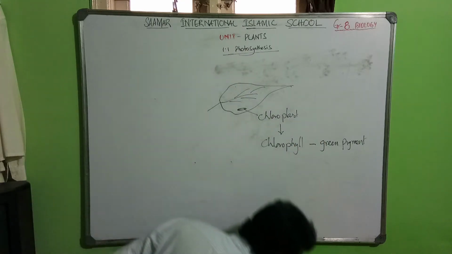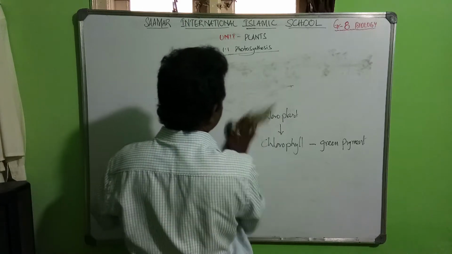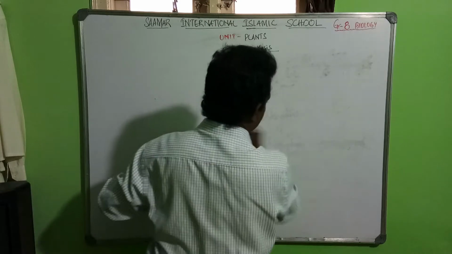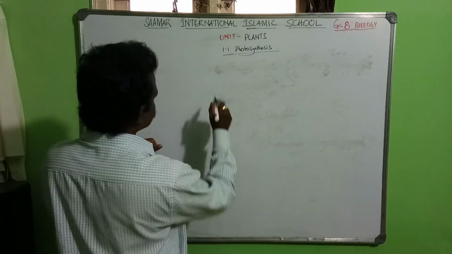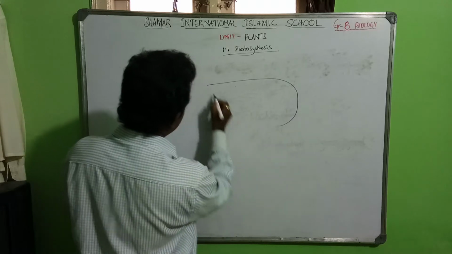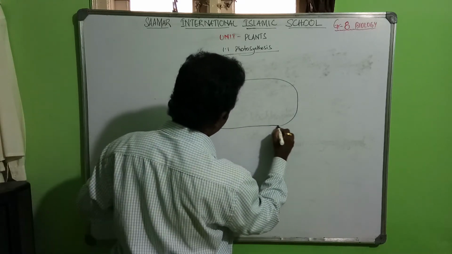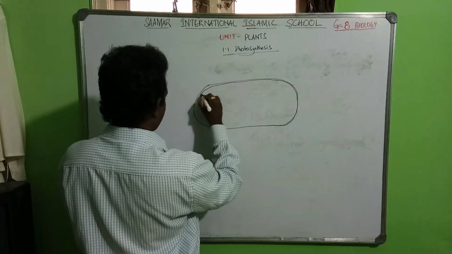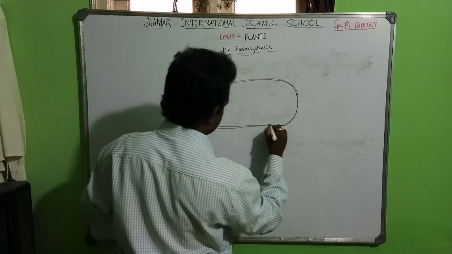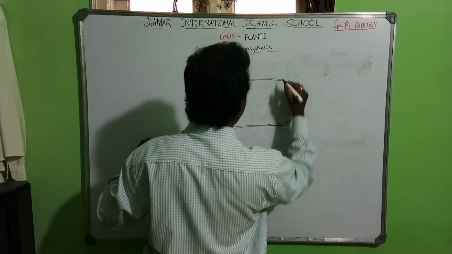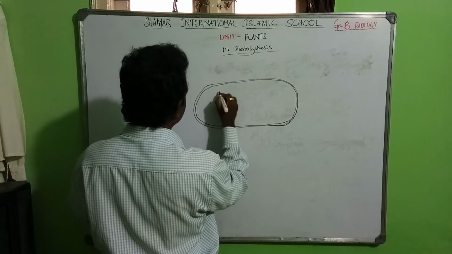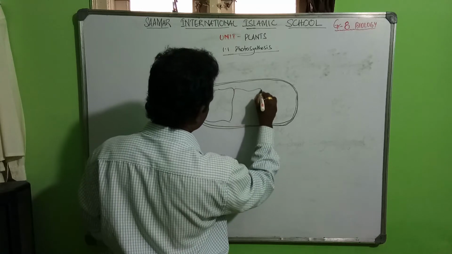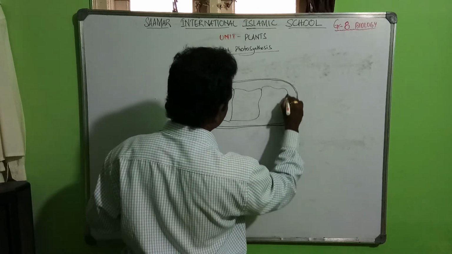Okay. Shall I draw the cell and show you? If you see here, I will draw the cell. This is a plant cell. The plant cell is covered by a thick layer called the cell wall. It is there in the textbook like this itself. Is it clear? I am not changing the diagram. Whatever is there in the textbook, I am just drawing.